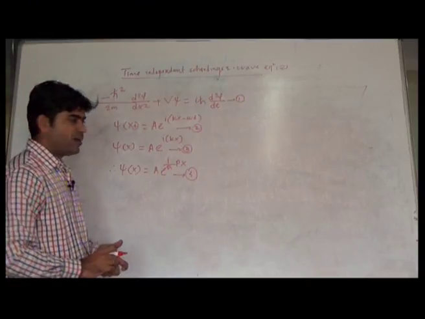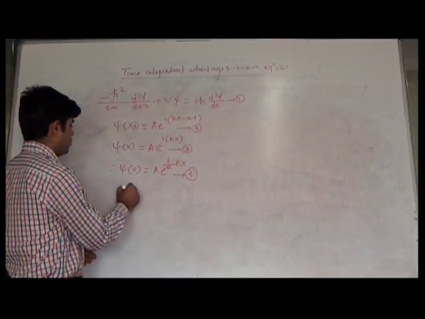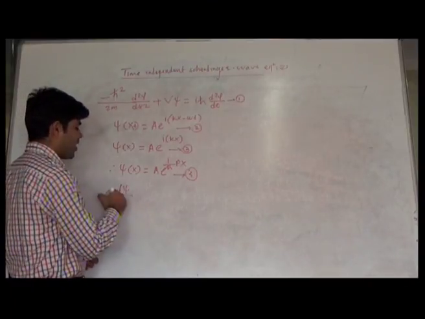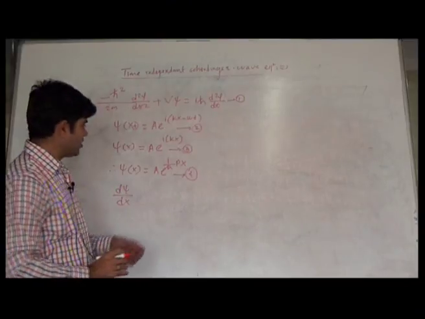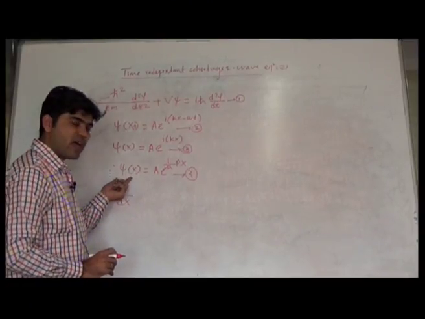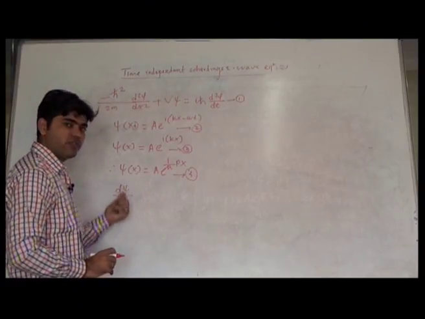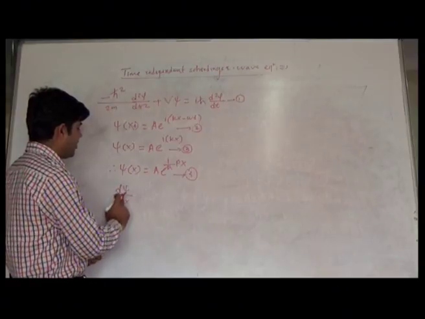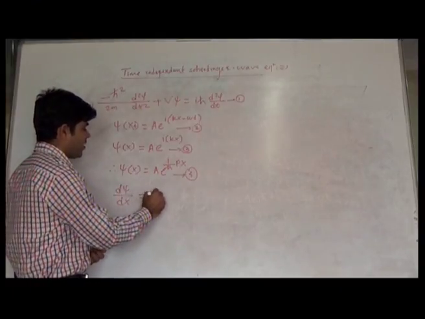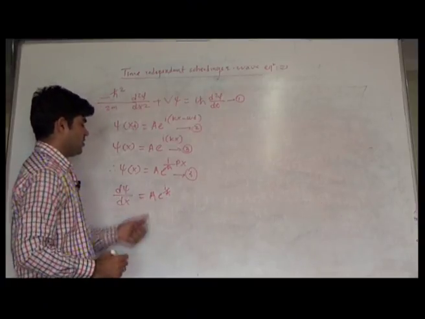Differentiate equation 4 with respect to x, so d psi upon dx. Why with respect to x? Because psi depends only on x, and it does not depend on t. Hence d psi upon dx is equal to A e raised to i upon h cross px.